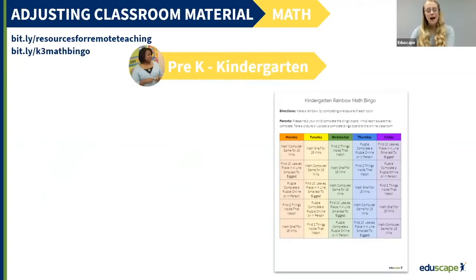Then let's move into math. For our younger guys, you can do things like a bingo board, where every single day the kid has to complete a different task on the board and try and get bingo. They can start by playing some computer games, making that fun and interactive for them. Then maybe they use Math Shelf. So Math Shelf is an app that can be downloaded onto a tablet.